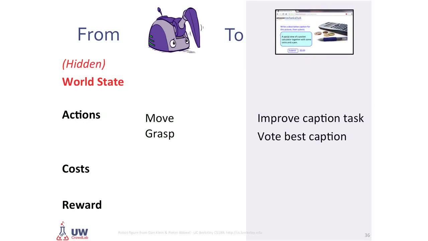The actions, instead of being move and grasp actions, are improving the caption and voting which of these 2 captions is the best. The world state, instead of being xy coordinates, is two numbers between 0 and 1, which reflect the quality of the two artifacts that are present at any one time.